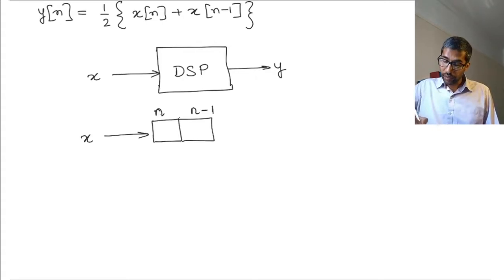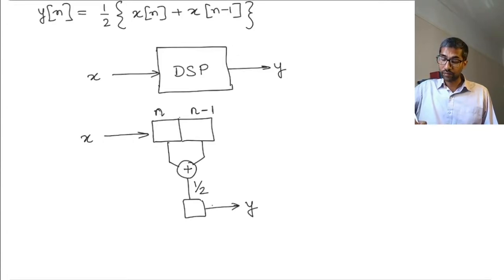Then you take these two values, add them, and divide by two, and you store that in another location, and that becomes your y, which goes out of this place. This is memory location n.